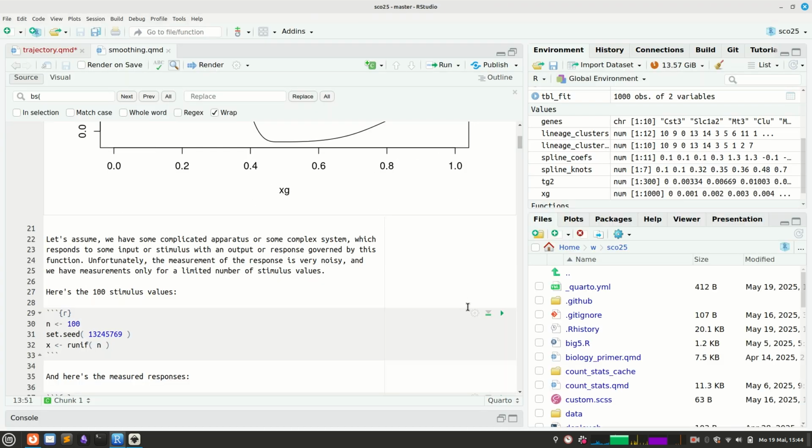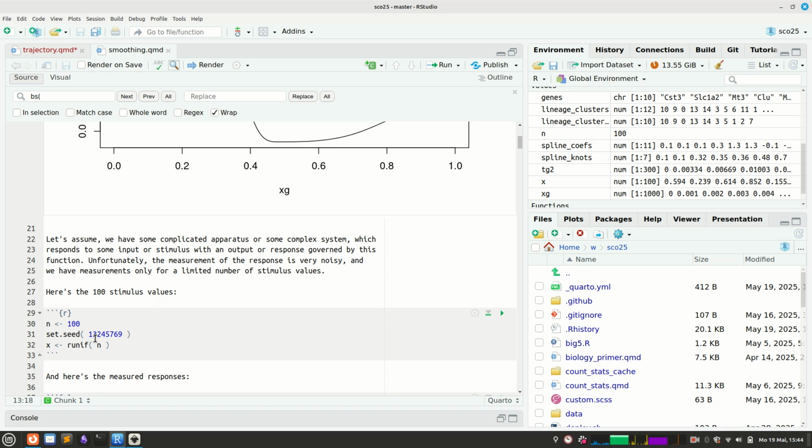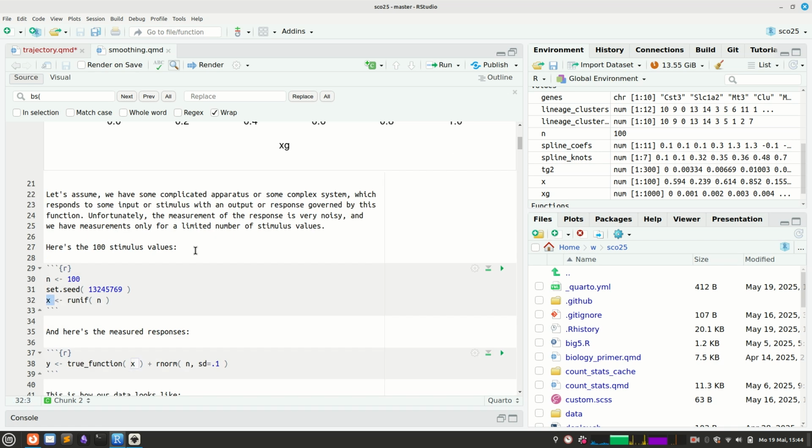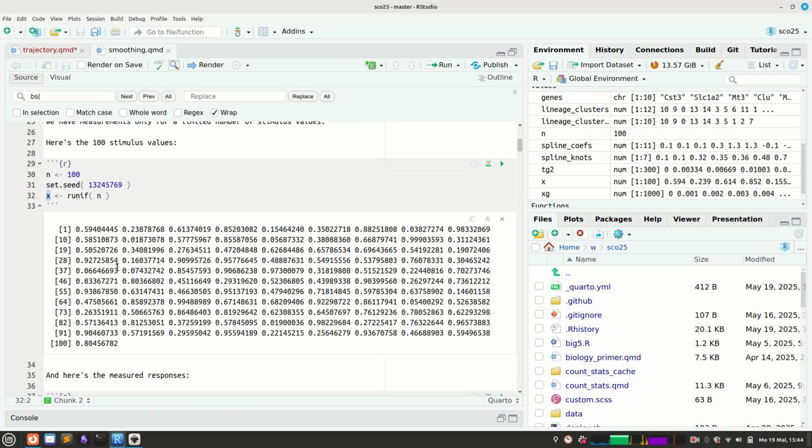How do I simulate this? Here you see I started off by just taking 100 randomly distributed numbers, which are all between 0 and 1. This here means you draw n uniformly distributed numbers between 0 and 1. The seed I set so that it will always draw the same values no matter how often I call it. Do you guys know about pseudo-random number generators, which iterate a formula and you need to have a starting value?